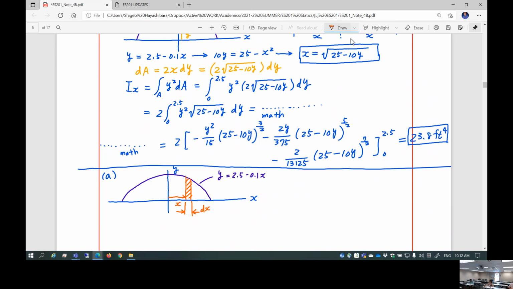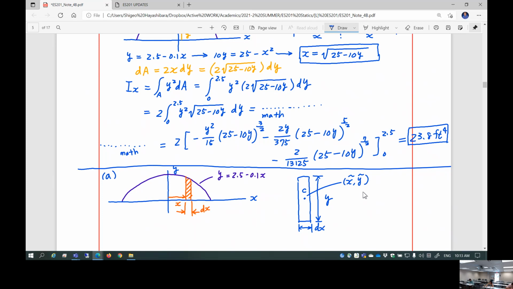Now let's just zoom in. So now you cut out this cross-section dA. This is dx. This is y. Here is the local centroid, C. So this is x tilde, y tilde, the local centroid.